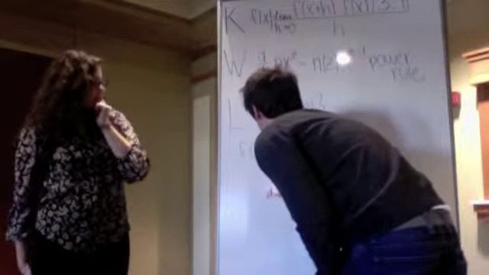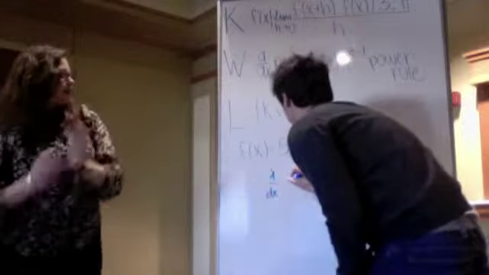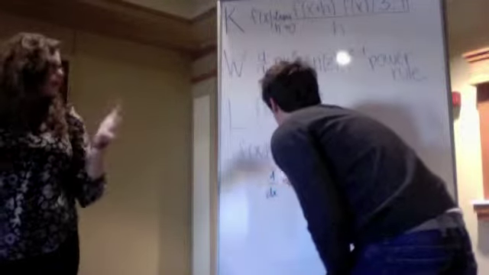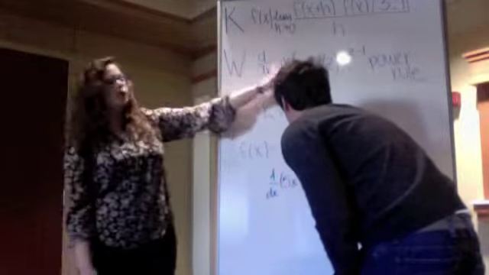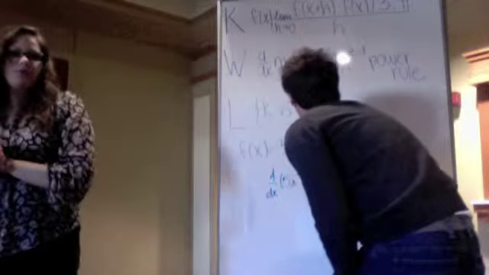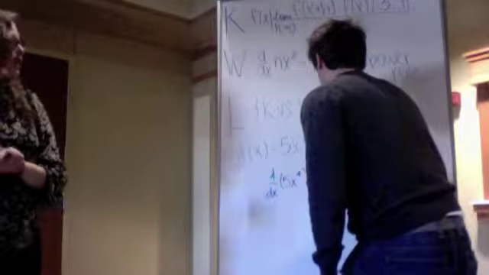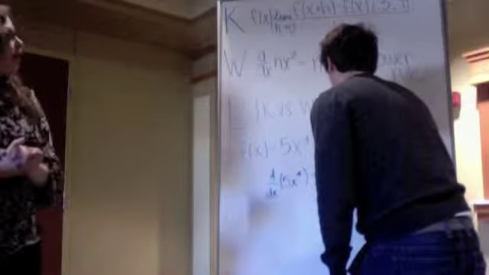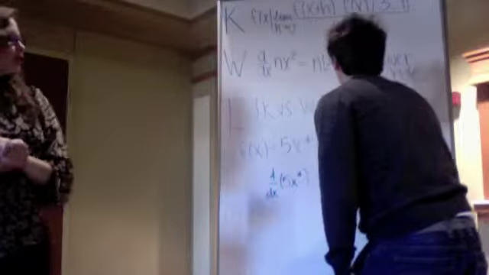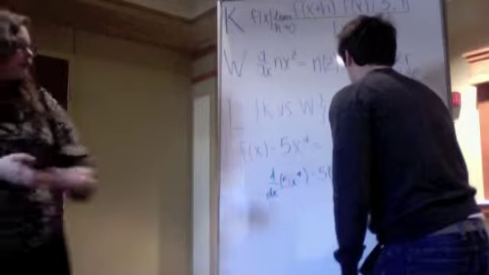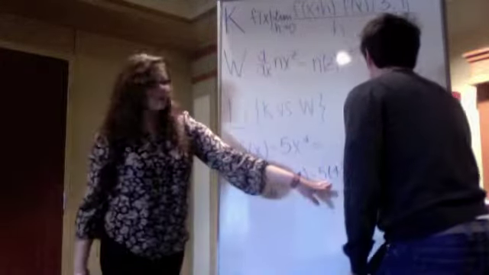Now while Jeff is working on this, can anybody tell me, in the function 5x to the 4th, using these letters, what the n is? It's a 5, very good. So we are going to use 5, and our z we see is a 4. And so our new function will have 5 times 4, which is exactly what Jeff is showing.